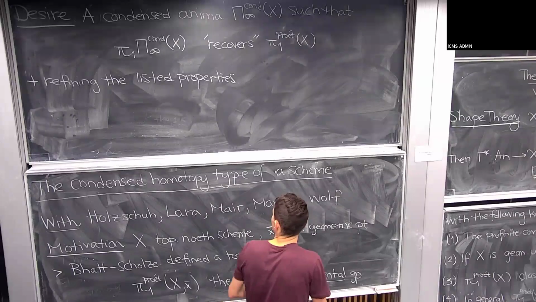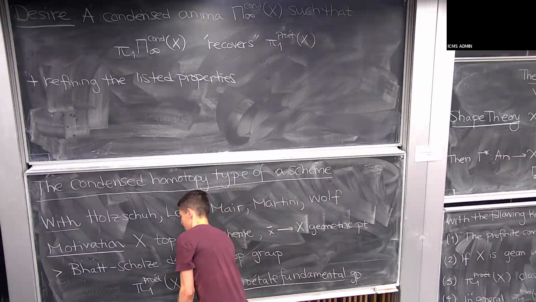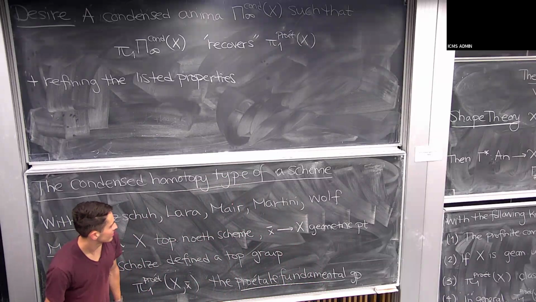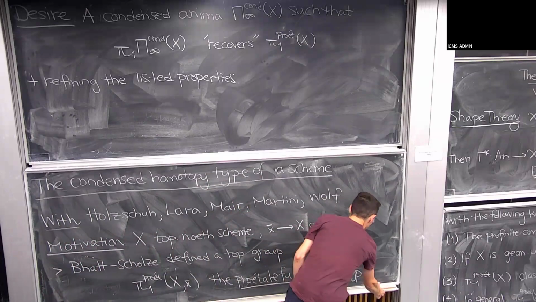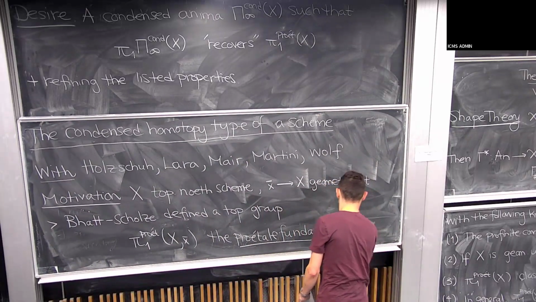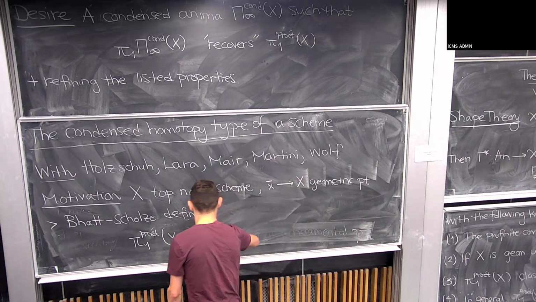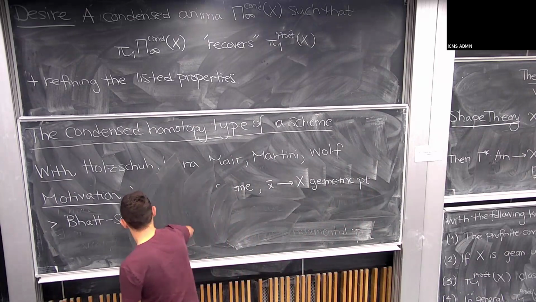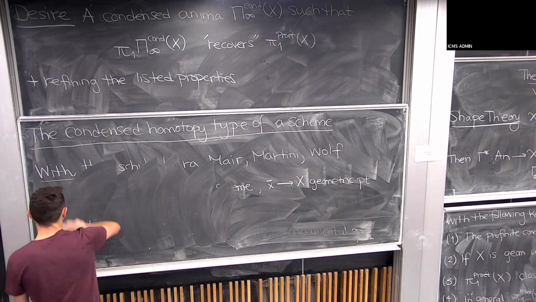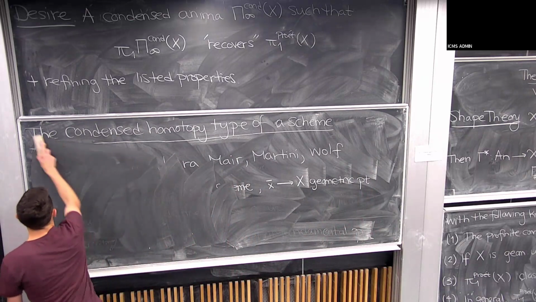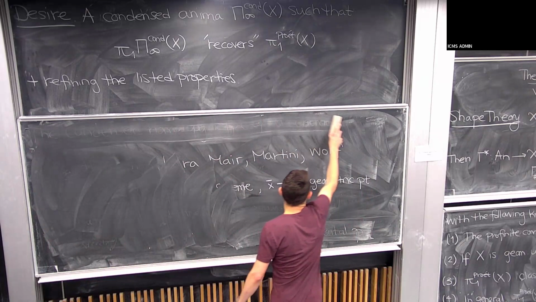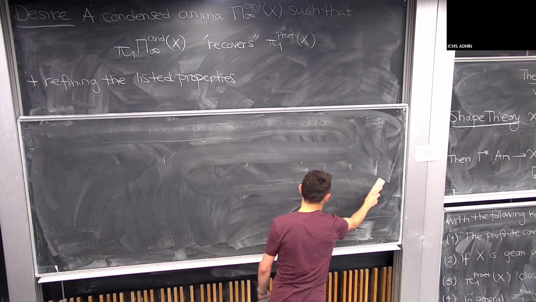And maybe the abstract definition of what this homotopy type of a topos is, is the following. You have this pro-left adjoint.